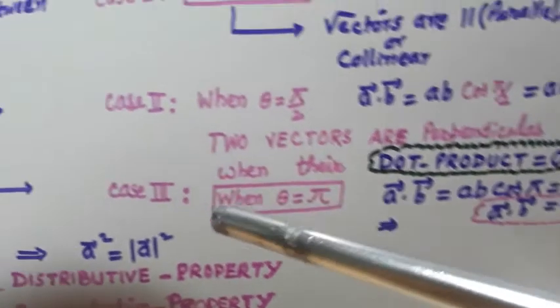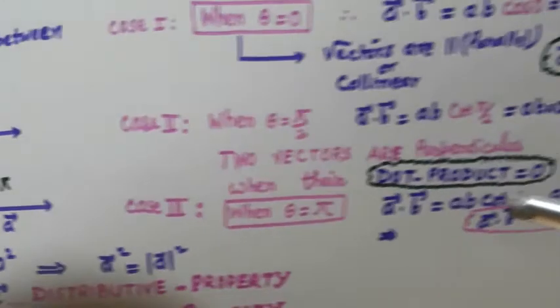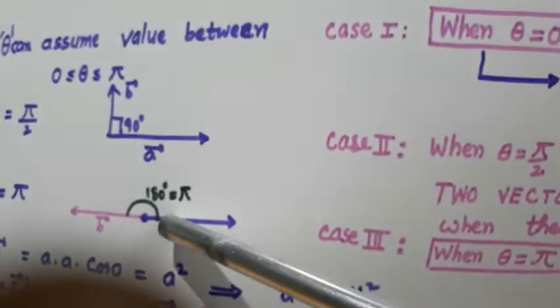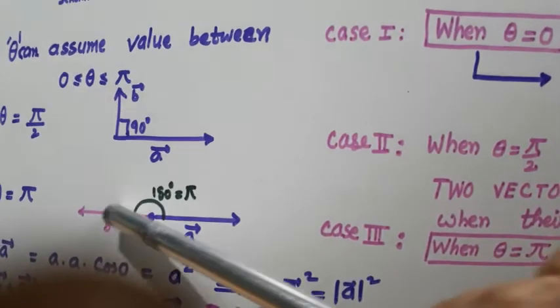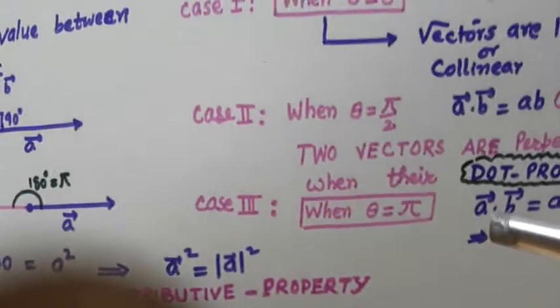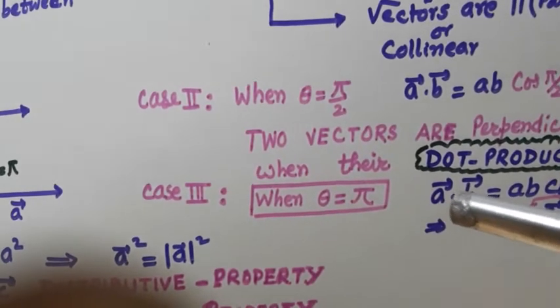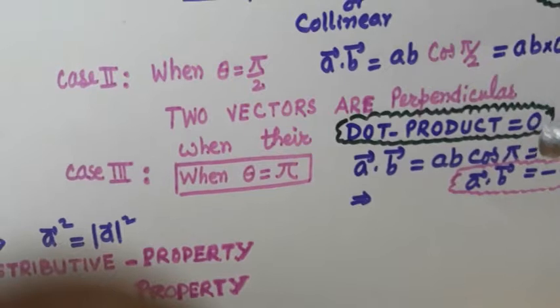So when two vectors are collinear in the opposite direction, one on the right side, other on the left side, then A dot B will be equal to minus AB.